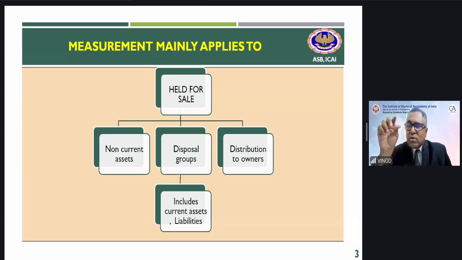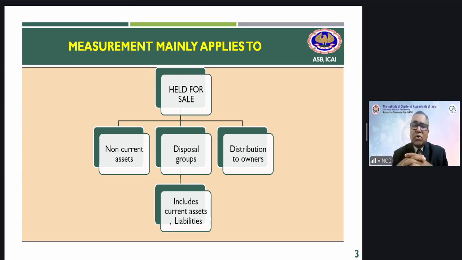The second part talks about disposal groups, meaning you may want to sell not an asset but maybe your company, or a big factory, several assets put together. In this part, current assets, non-current assets, current liabilities, non-current liabilities, all will come.